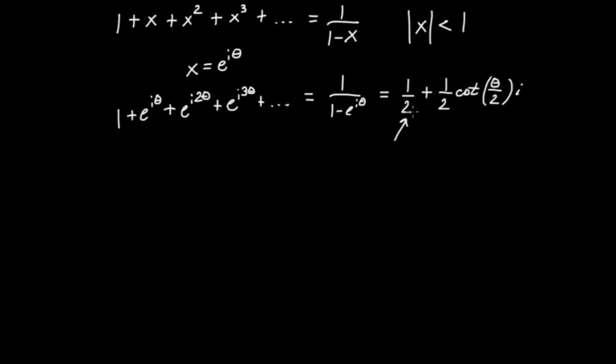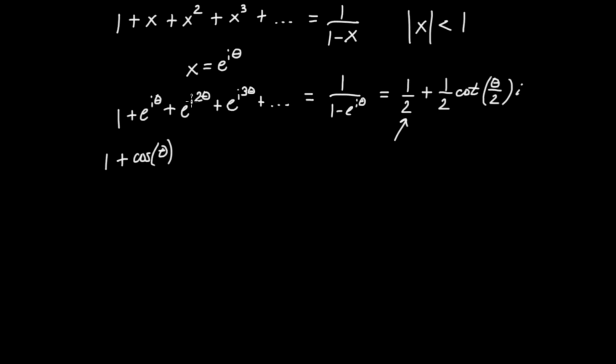Now, if this complex number is going to be equal to this complex number, whatever complex number is given by that infinite series, the real part of the left-hand side has to match up with the real part of the right-hand side. So let me write down the real part of the left-hand side. So 1 is all real, so just have 1 right there. Now e to the i theta, what's the real part of that? By Euler's formula, that's plain old cosine theta.